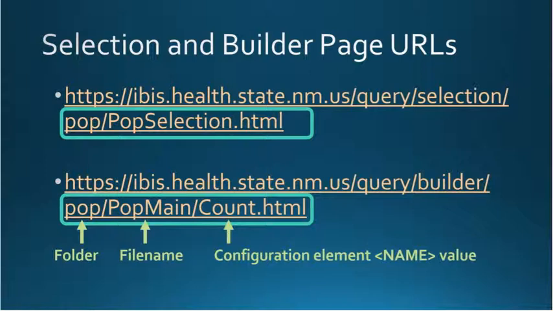It is the configuration element, along with other parts of the module XML file, that control the content of the query builder page. For every variation on the query builder page, there is a configuration element inside a module XML file. That is, there is a one-to-one relationship between configuration elements and builder pages in IBIS.